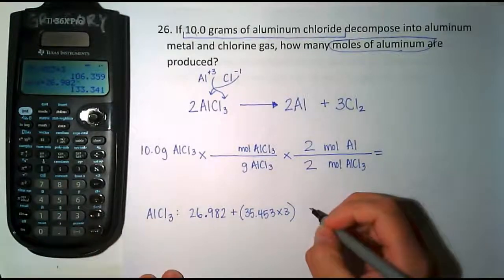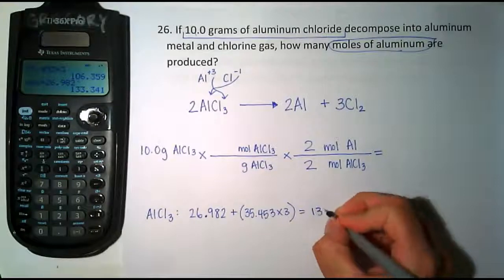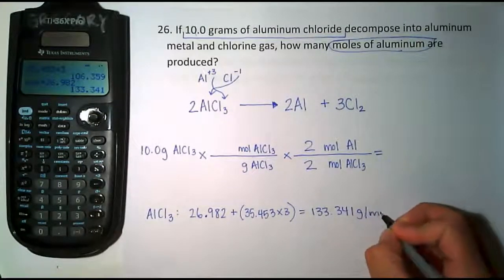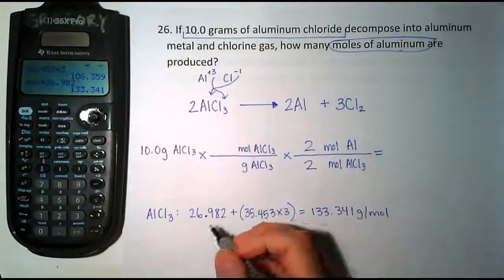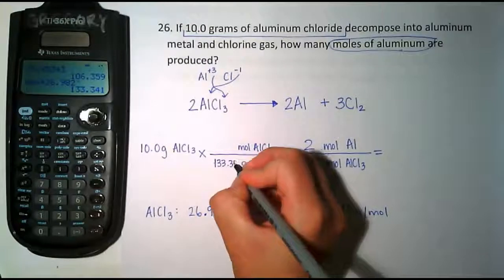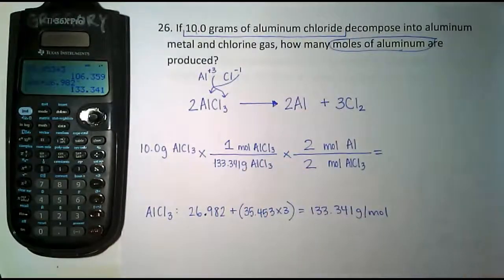So the total mass of AlCl3 is 133.341 grams per mole. So we're going to put 133.341 grams of aluminum chloride per 1 mole of aluminum chloride.